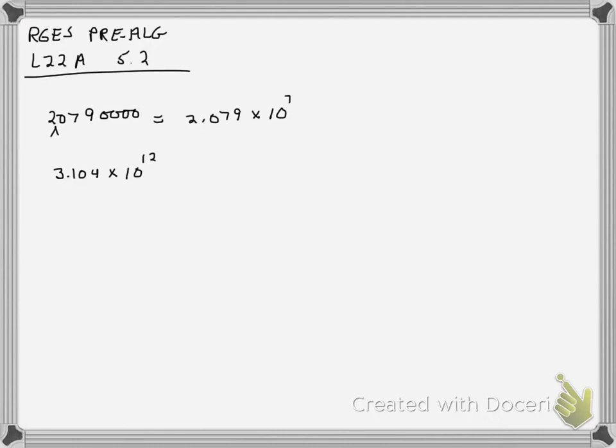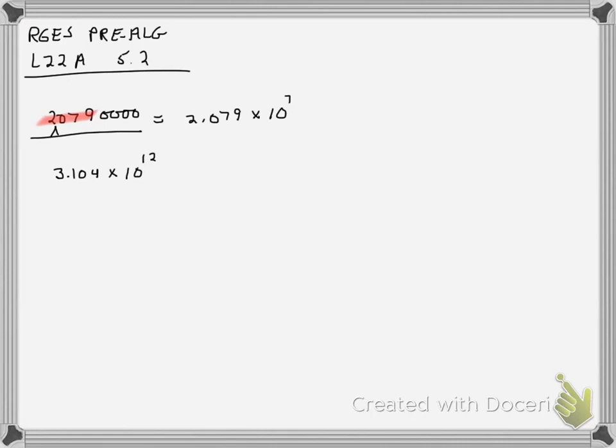Now, recall from last time we looked at very large numbers. When we write a very large number in scientific notation, we look at all the number part until we start hitting trailing zeros, and we always put the decimal after the first digit.